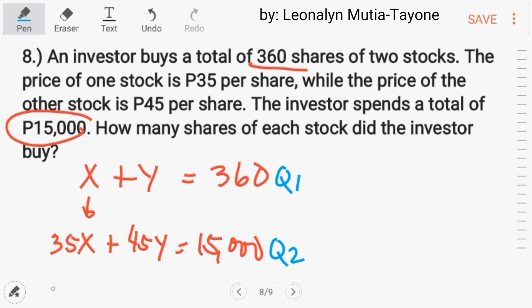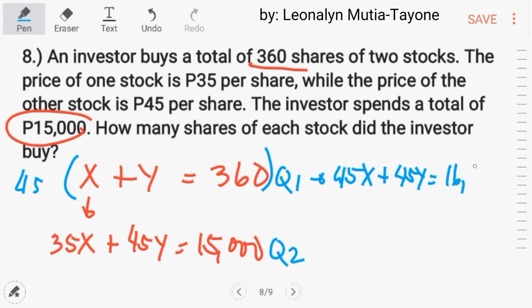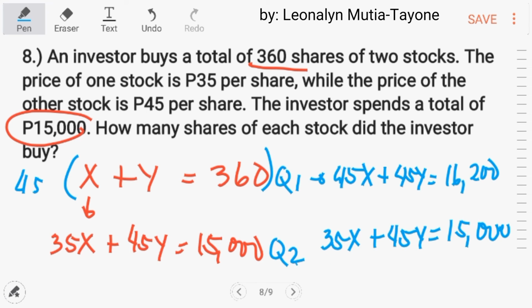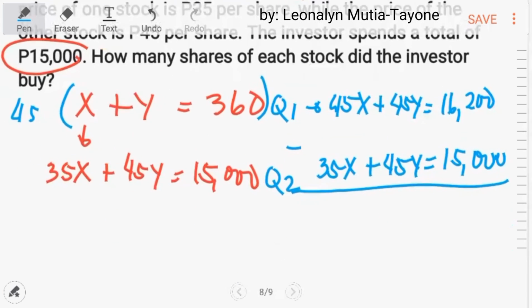Let's do elimination method. I-multiply natin to pareho ng 45. So this will become 45x plus 45y, and that is 16,200. 360 times 45. Ito naman, kopyahin lang natin, 35x plus 45y equals 15,000. Mag-deduct tayo.